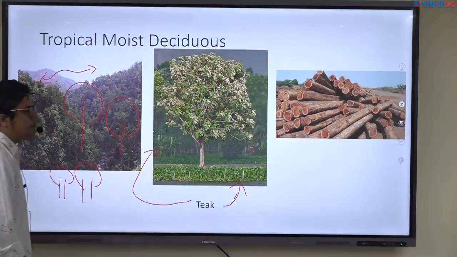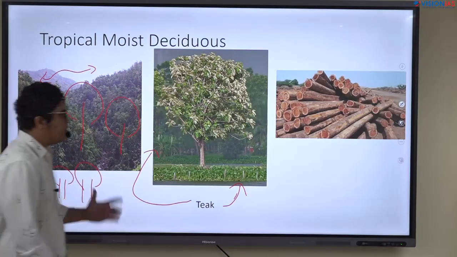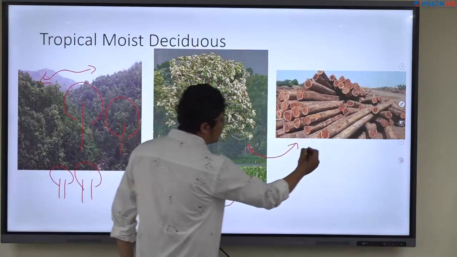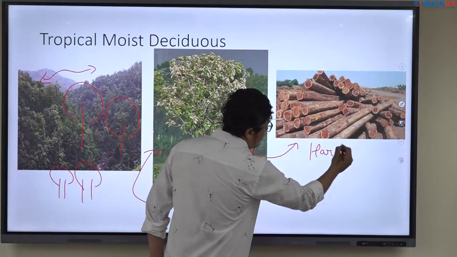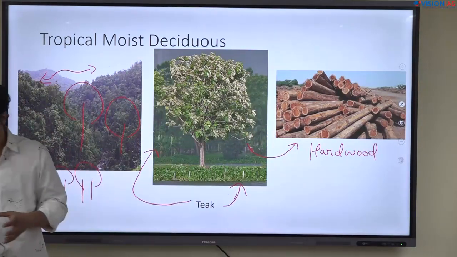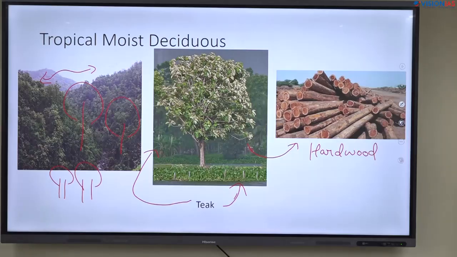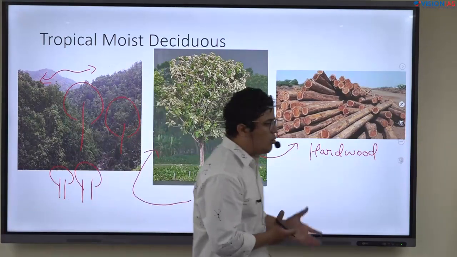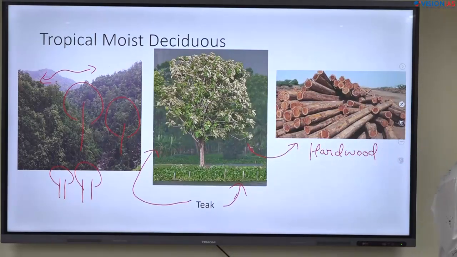Teak tree, from which the wood, hardwood, is obtained. This is teak wood, this is hardwood, and it's very strong, very durable, and used in many products. Especially in furniture making in India, this wood is used. It's very durable, strong, long lasting.